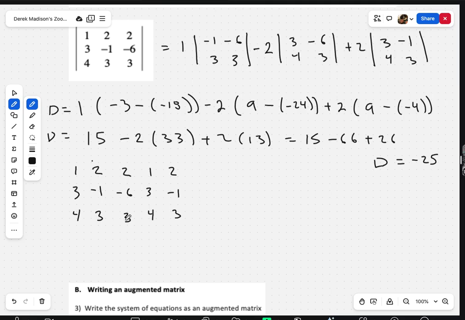So 1 times negative 1 times 3 would be negative 3. And then we're going to add to that 2 times negative 6 would be 12, times 4 would be 48, and it's negative because of that sign. And we're going to add to that 2 times 3 times 3, so 2 times 3 would be 6, times 3 would be 18.